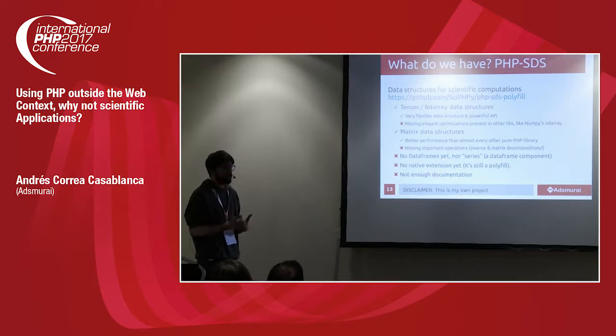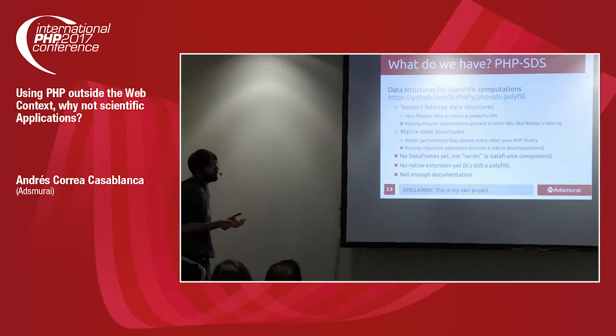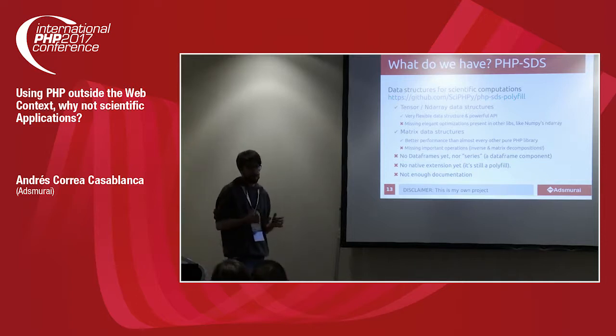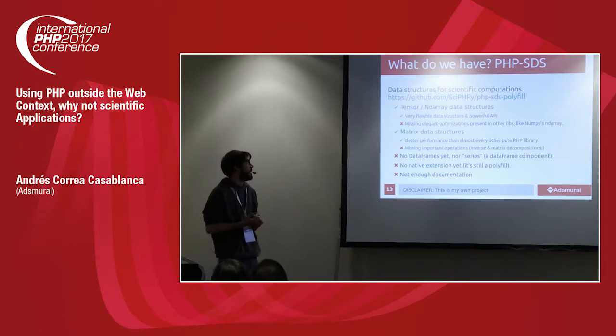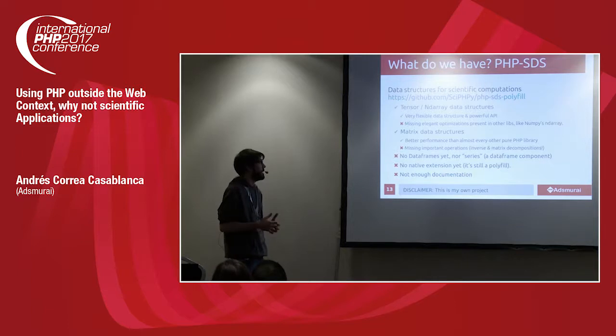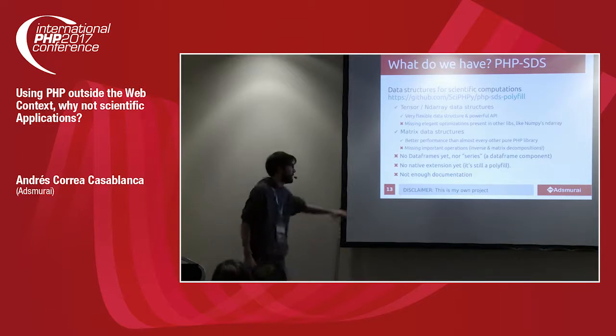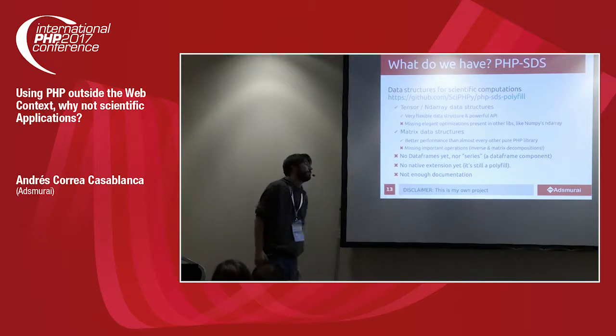We can operate on slices of those data structures. For example, we can pass a selector that specifies a subregion of the tensor and apply operations only over that subregion. And well, there are a lot of things, but I didn't document it, so I'm sorry.